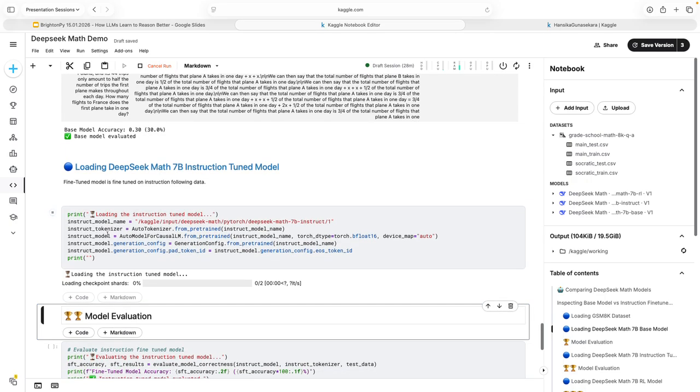This instruction tuned model is a fine-tuned model based on the base model. On the foundations of the DeepSeek math base model, the research lab has fine-tuned the instruction tuned model, so that it has instructed the model to follow more mathematical related instructions.